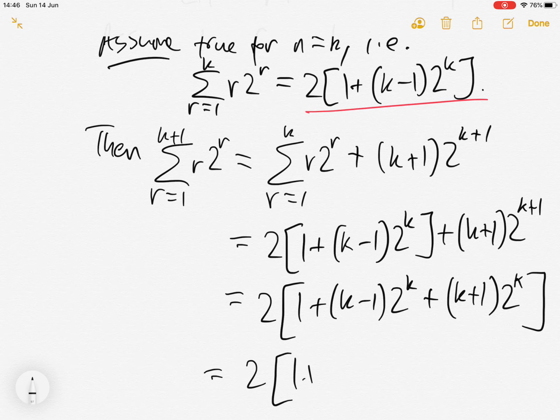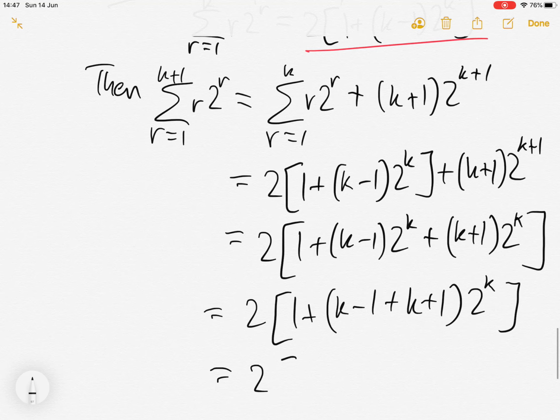And then 2 to the k is a common factor of the last 2 terms, so we've got k minus 1 plus k plus 1 lots of 2 to the k. And then this is 2k lots of 2 to the k.